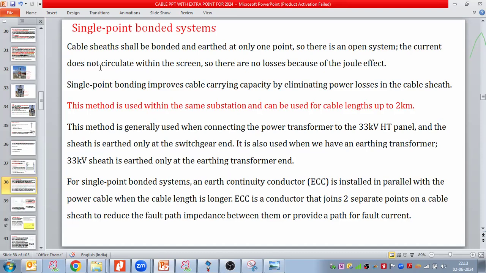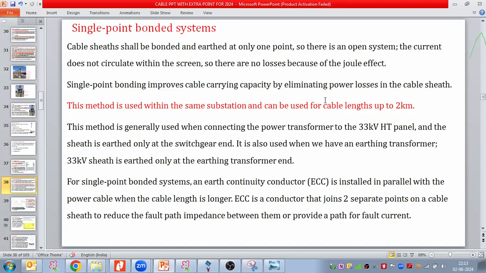The current does not circulate within the screen. So there are no losses because of the Joule effect from circulating current in the cable.